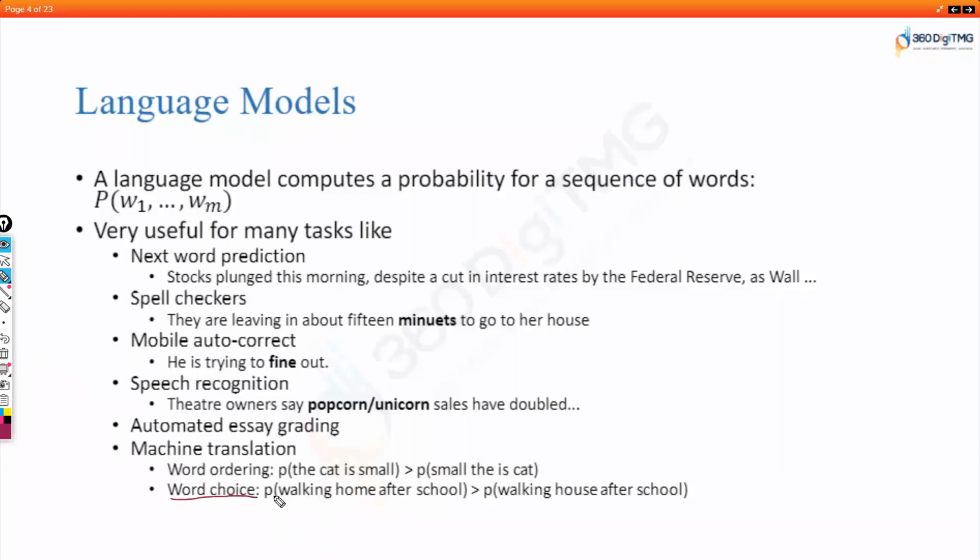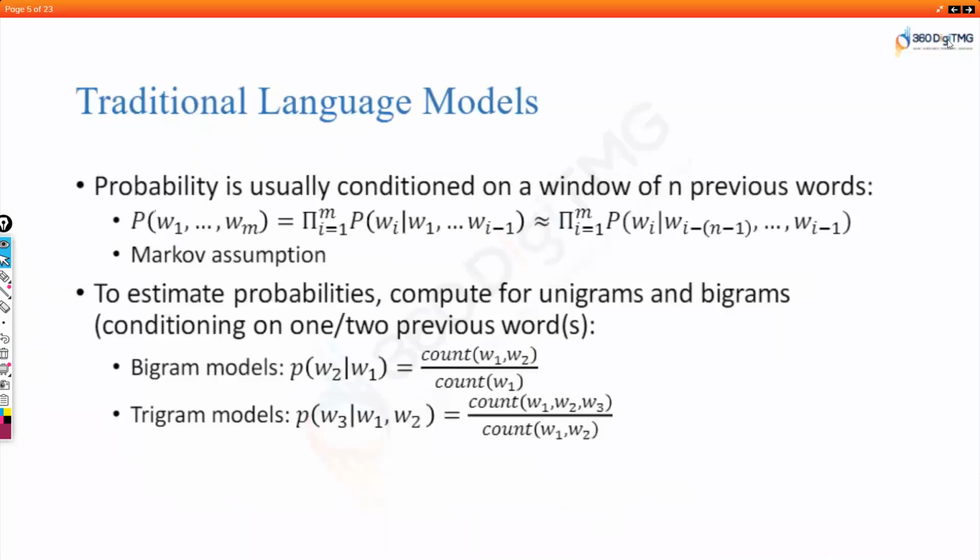The probability of walking home after school, the words appearing in this sequence, will be more than the words appearing in the sequence walking house after school. So the usage of the word home is more appropriate and will carry more probability as opposed to the word house. So these are the various scenarios where your language models can be used.